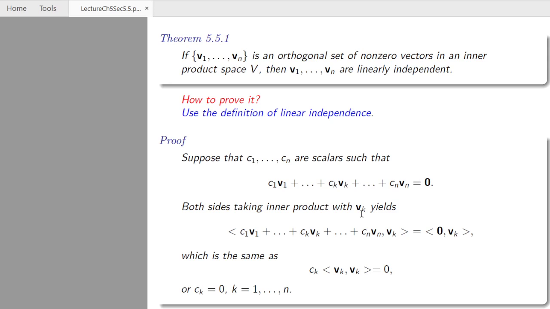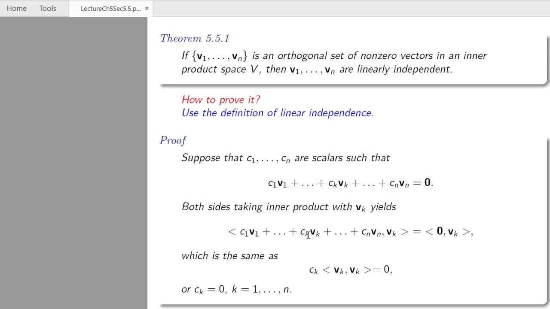And then we can say here, when k is not equal to the other indices, the inner product of v1 with vk is 0. So the first inner product gets 0, the second gets 0, only in the middle, ck times vk makes an inner product with vk.